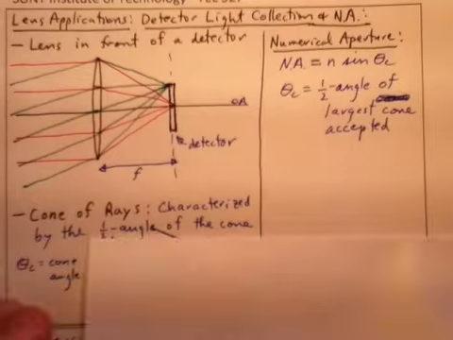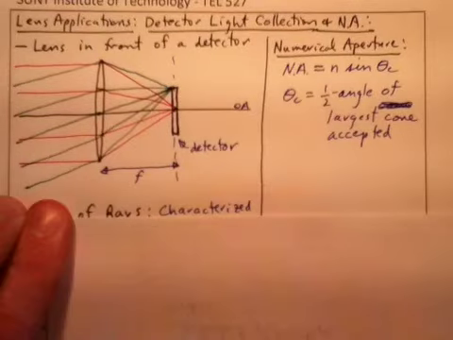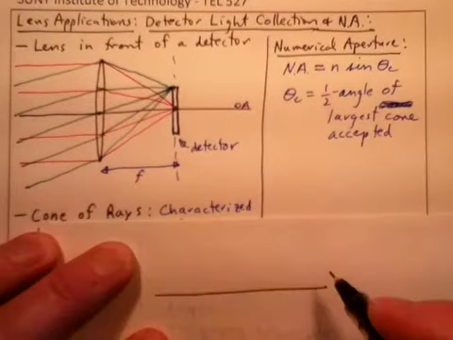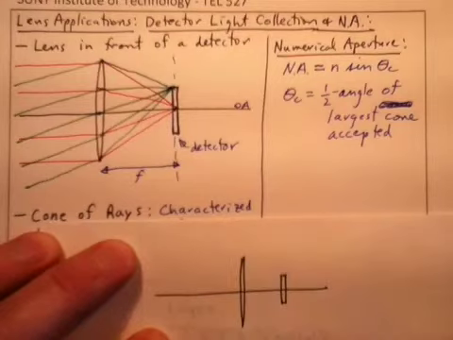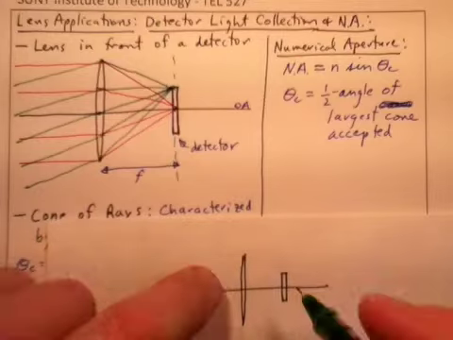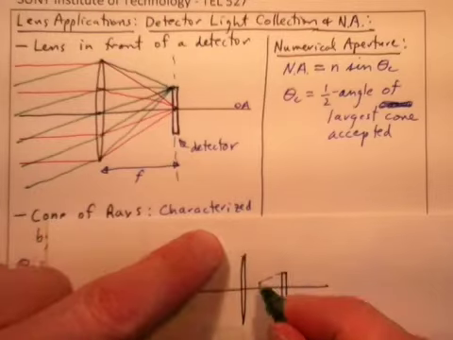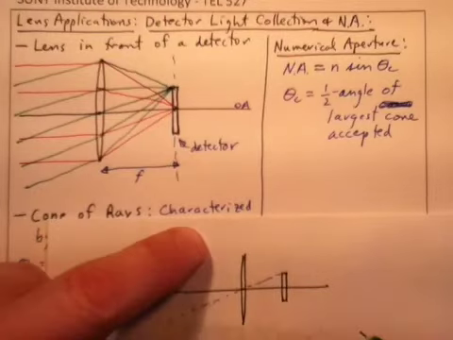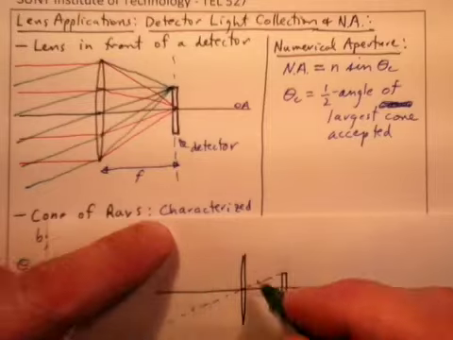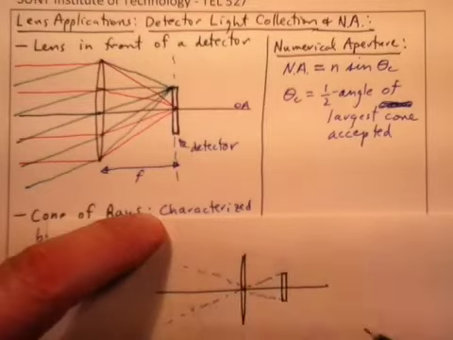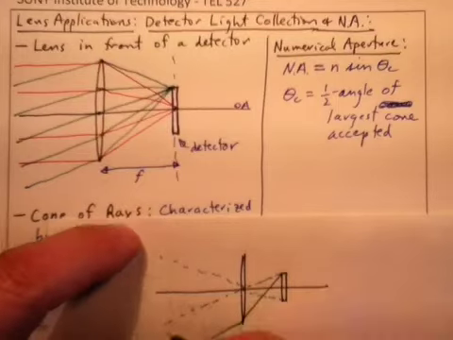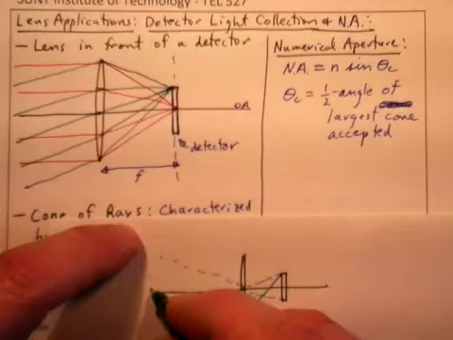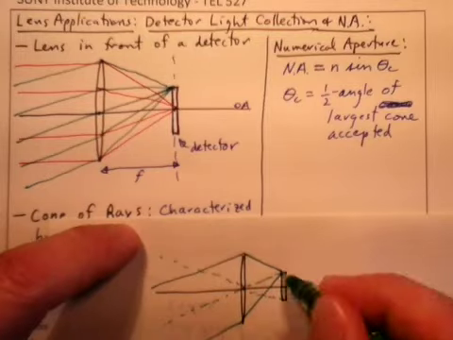I'll draw it again real quick here on a blank piece of paper. So I've got my detector here, I've got my lens here, and I can bring rays in at this maximum cone angle, like this. But then anything parallel to that is also brought in and focused to that same point. So these rays in green are focused up here.